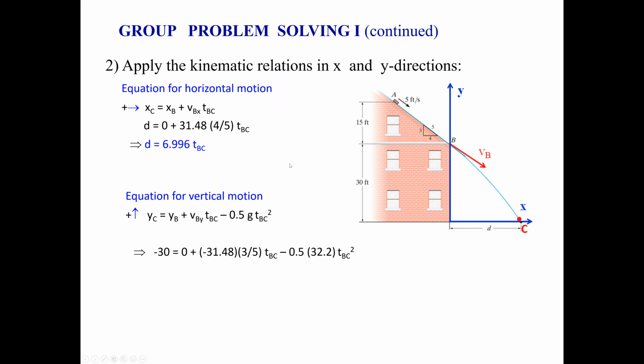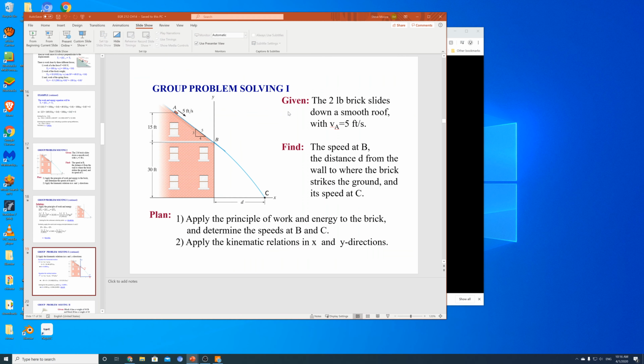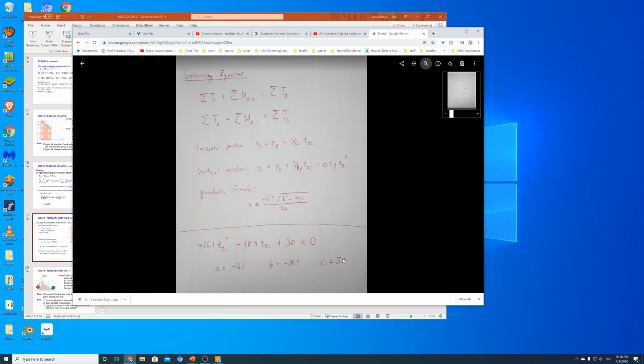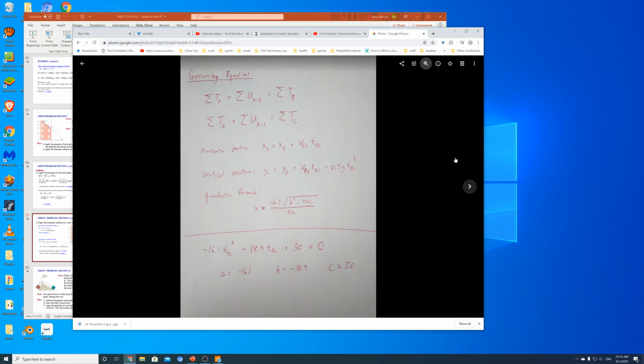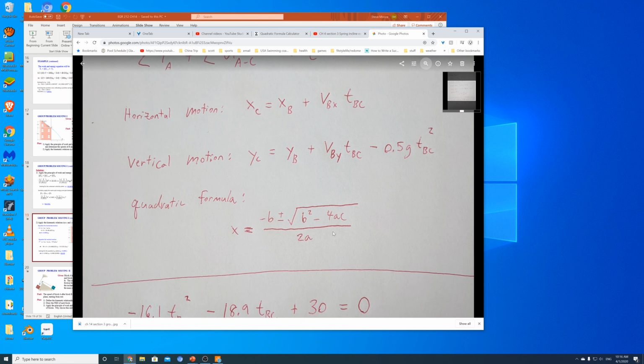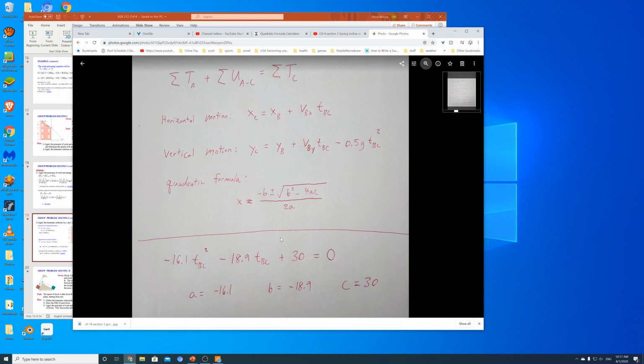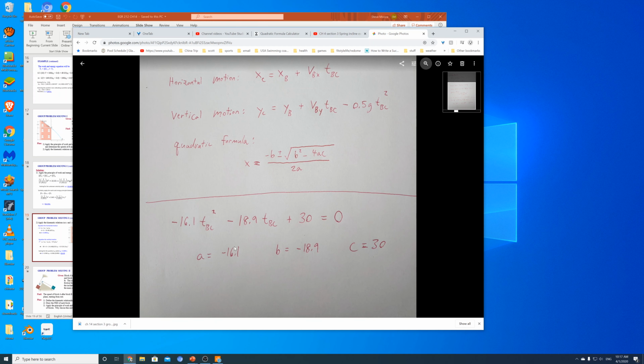Now, just take a step back quickly here. Going back to this, we can zoom in a little. Coming up with the equation for that, you'll have your coefficients to use in the quadratic formula: minus 16.1, minus 18.9, and 30.